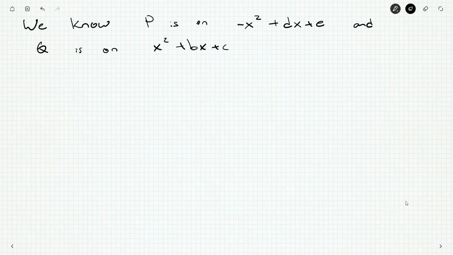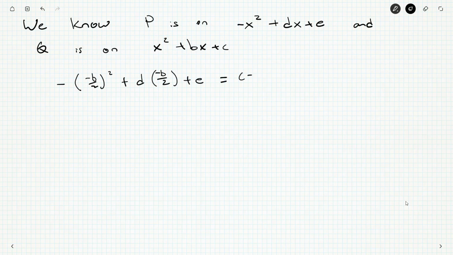Well, we know the x-coordinate for p, and we know its y-coordinate, so that tells me that negative b over 2 squared plus d times negative b over 2 plus e is equal to c minus b squared over 4.